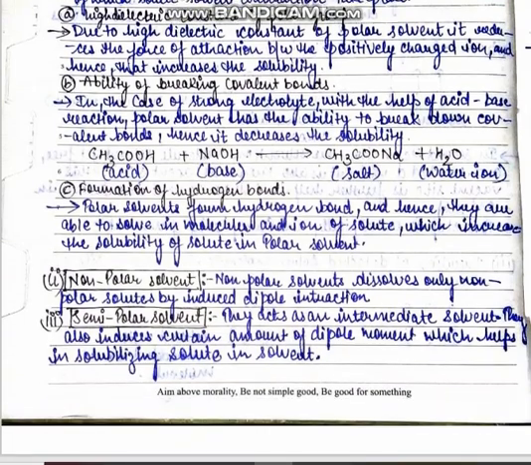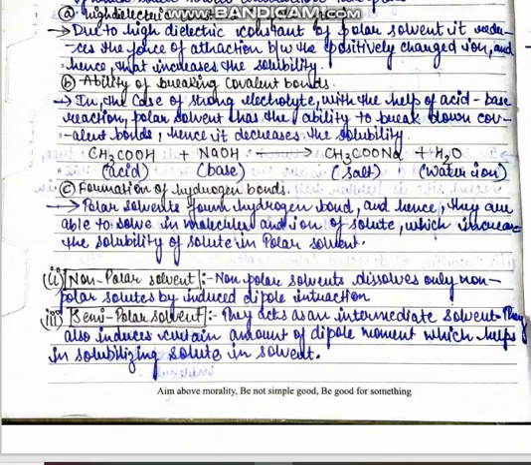And third type of solvent is semi-polar solvent. They act as an intermediate solvent. It means they lie between polar and non-polar. They also induce a certain amount of dipole moment which helps in solubilizing solute in solvent.